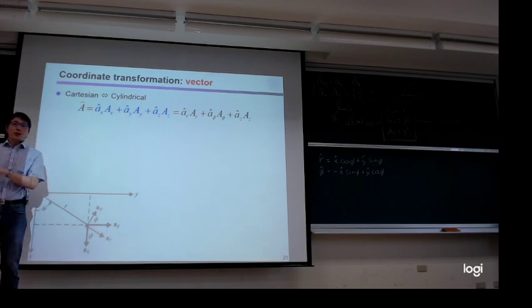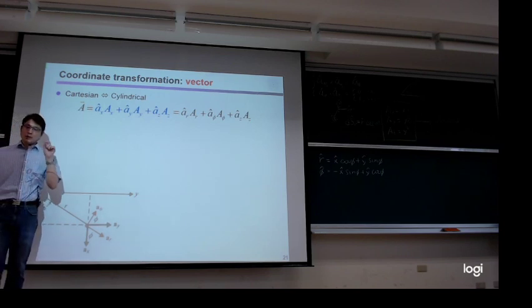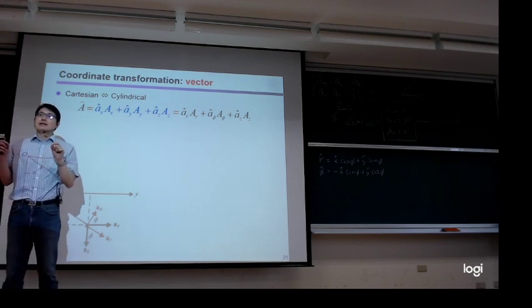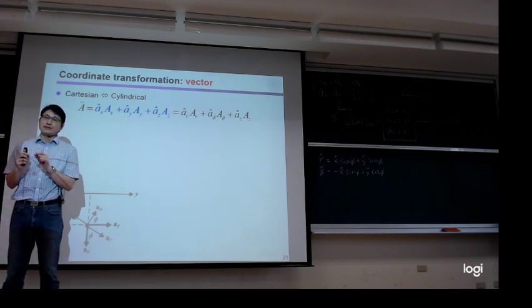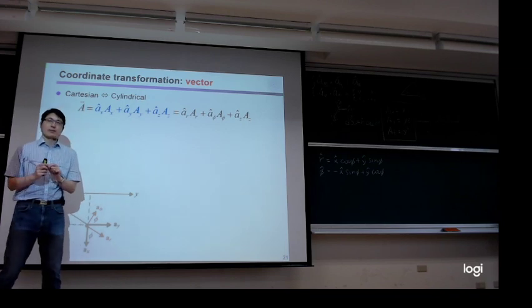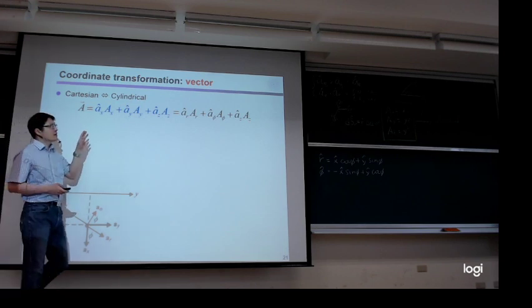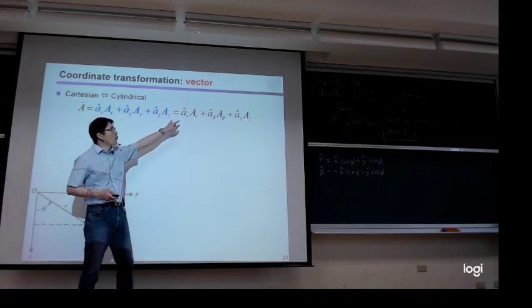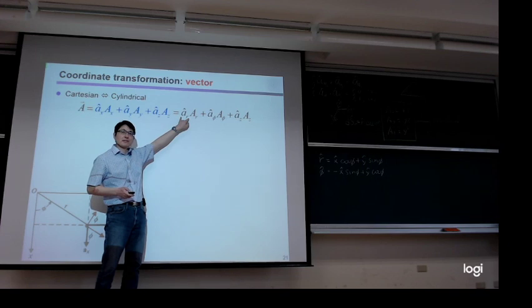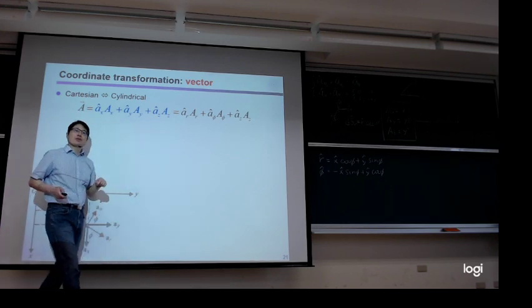This is the point where you really have to think and try to understand the basic meaning of orthogonal coordinate systems. What if I make a dot product to A? What happens if I use one of the unit vectors and make an inner product with A?